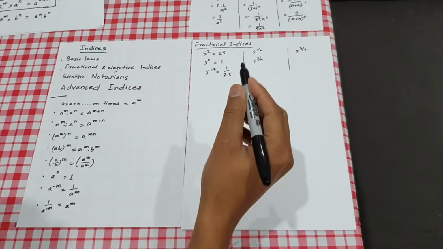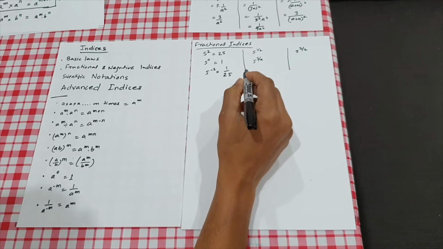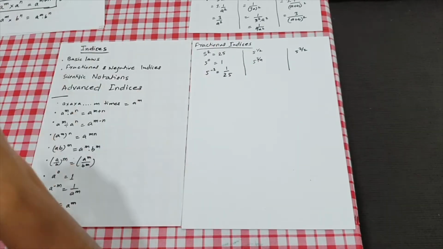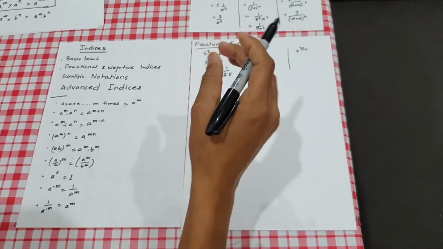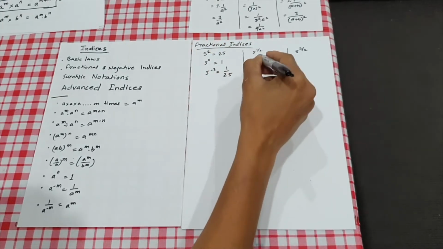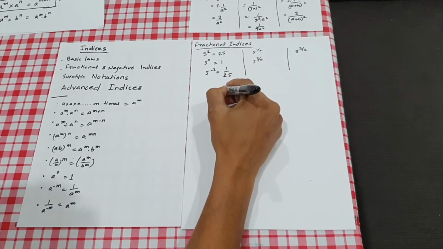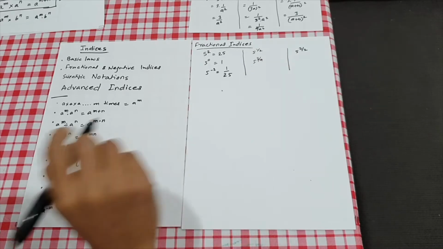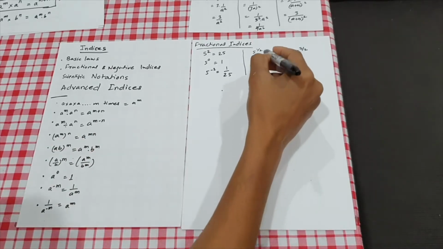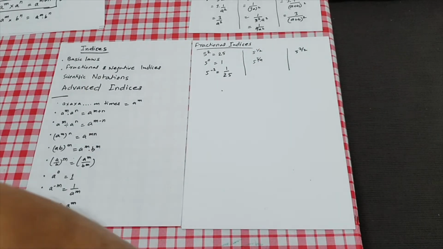Okay, so the basic process is we treat them as two parts. Let me use the numbers first and then we'll use the general notation so that it's easier to understand.